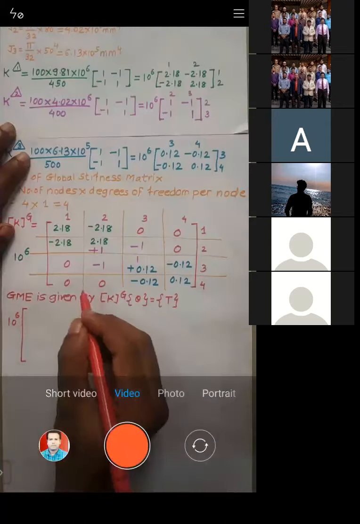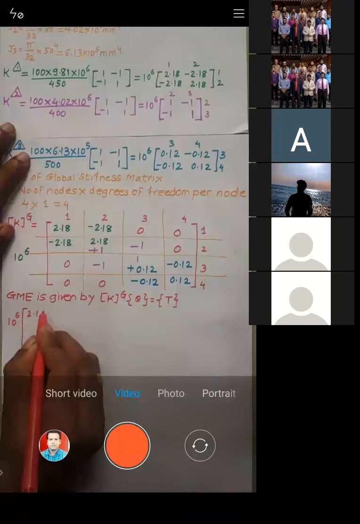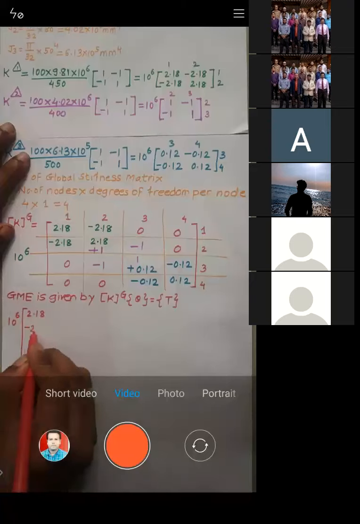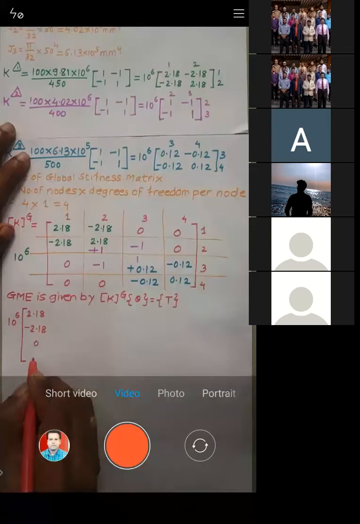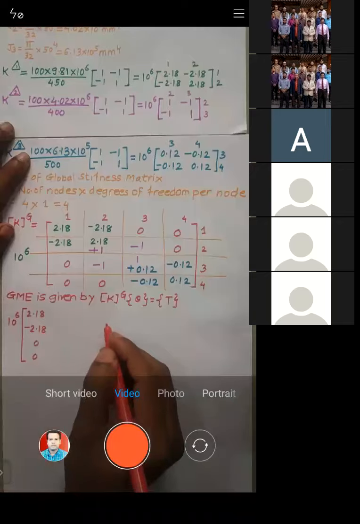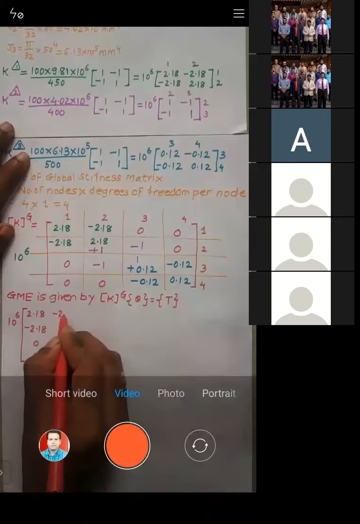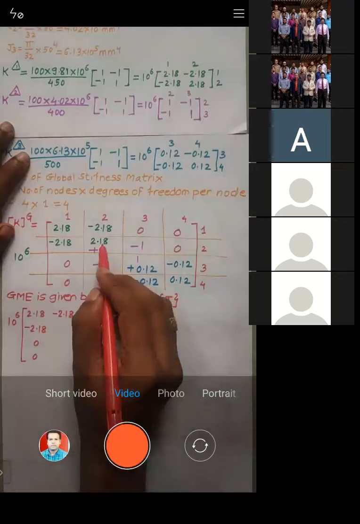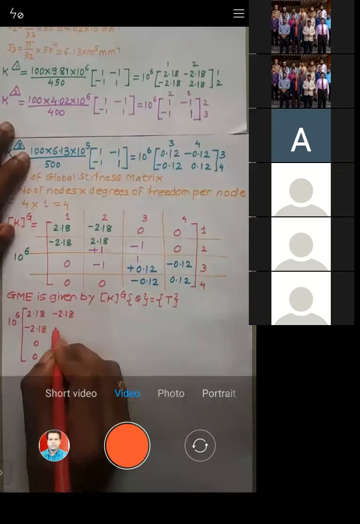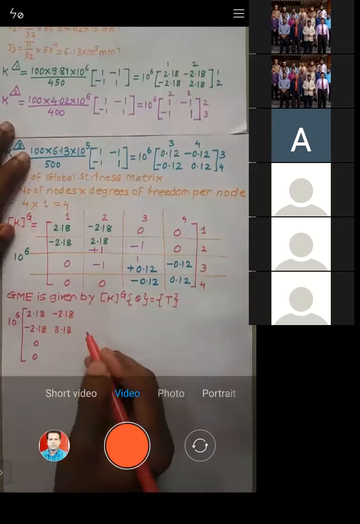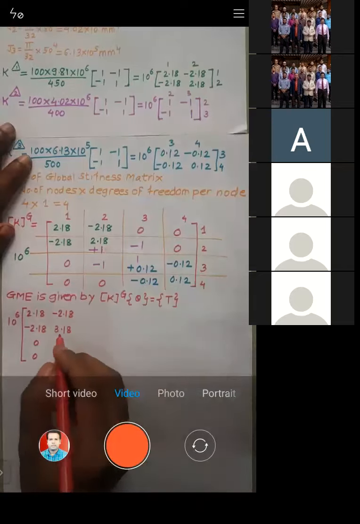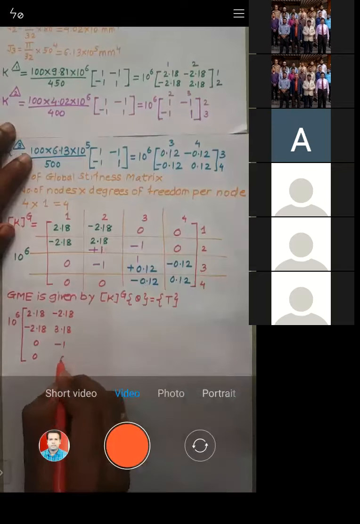Next these values I will write down: 2.18, minus 2.18, 0, 0. Then minus 2.18. Now this 2.18 plus 1, that is 3.18. Then this is minus 1, and this is 0.